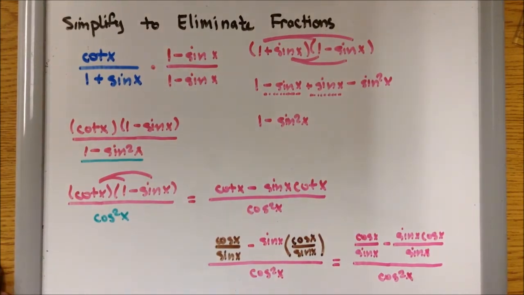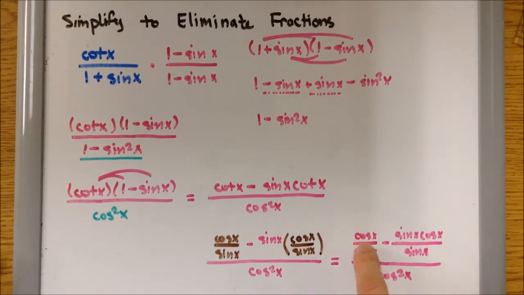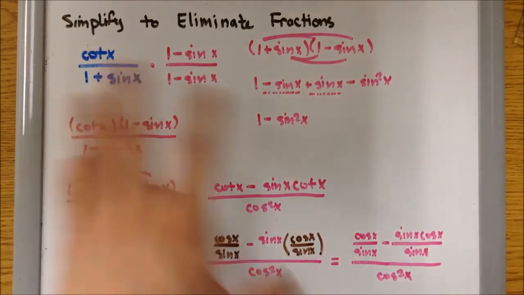So to review, this is cosine of x over sine of x minus sine of x times cosine of x over sine of x, the whole thing over cosine square of x. So we're going to keep simplifying because again the name of this section is simplify to eliminate fraction. So what I'm going to do is erase to make more room.